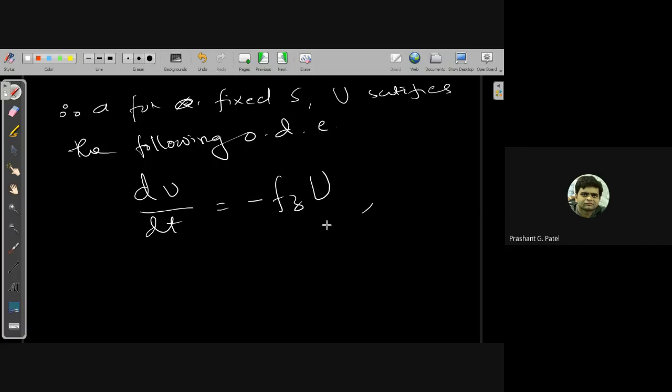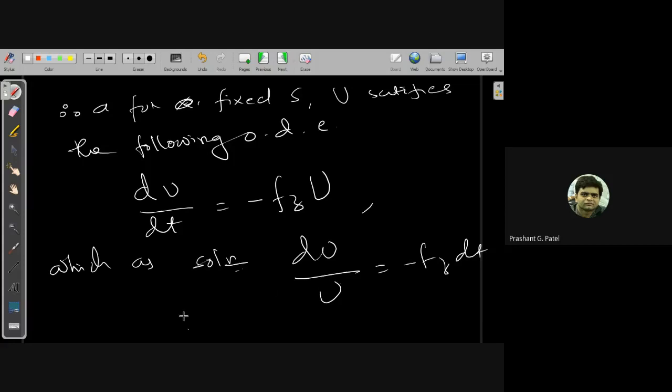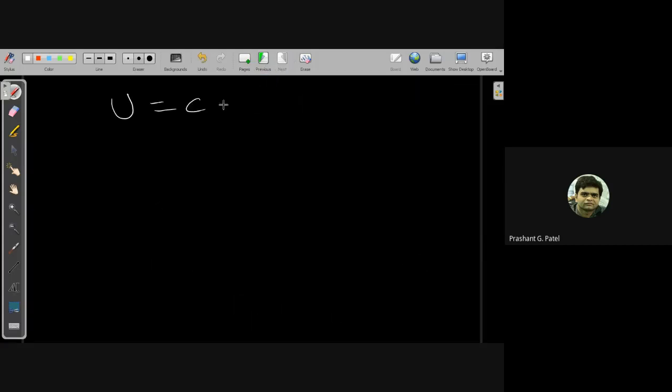We have du by u is equal to minus Fz dt. So you will have ln of u equal to integration of minus Fz dt plus some constant ln of c. Finally u equals c into exponential of minus integration from 0 to t of Fz dt.